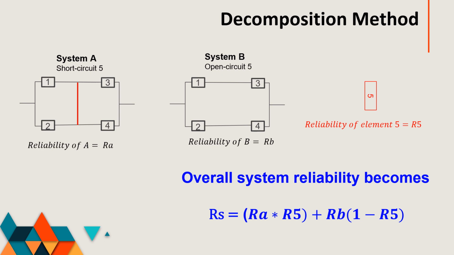Another way to say it: it is the reliability of system A given that element 5 is in good condition, multiplied by the reliability of element 5, plus the reliability of system B given that element 5 is faulty, multiplied by the unreliability of element 5. So this is how to go about a complex system using the decomposition method.